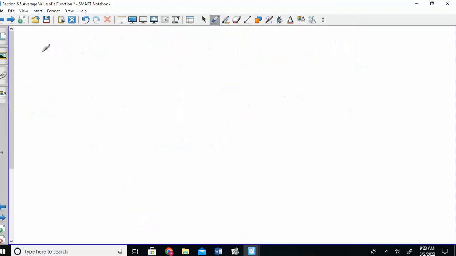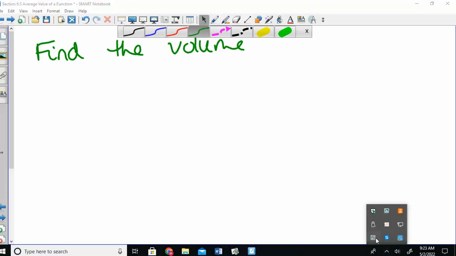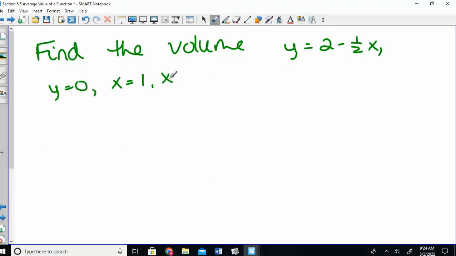Let's do y equals 2 minus 1/2 x, y equals 0, x equals 1, x equals 2.